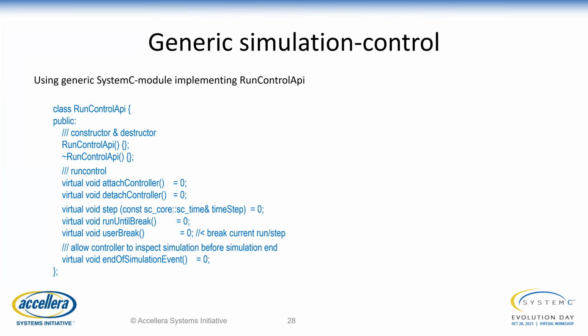And this is similar to what we use for our ISS models. So basically we have methods to handle the attach and the detach of a controller. We have methods for a step and a run, an on-turn break and a user break to break the current run or step.